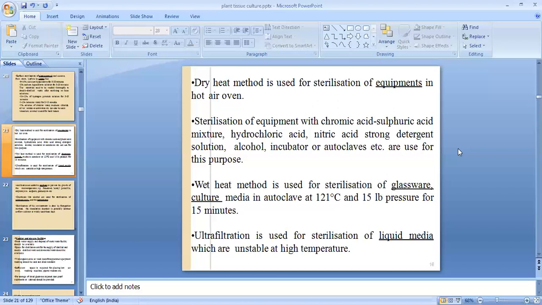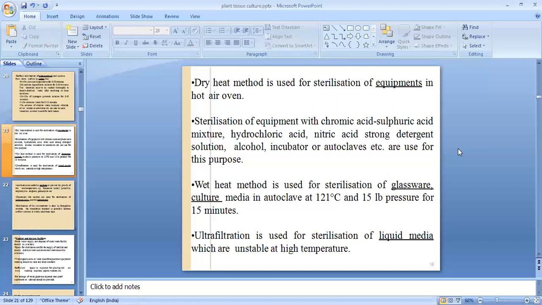And another method of sterilization is moist heat or wet heat sterilization, where the glasswares and culture media are sterilized by using an autoclave. The sterilizing condition maintained is a temperature of 121 degrees centigrade at 15 pounds per square inch pressure for 15 minutes.